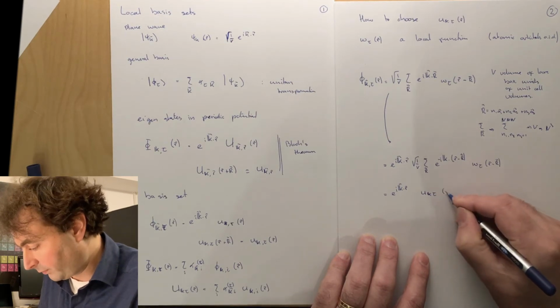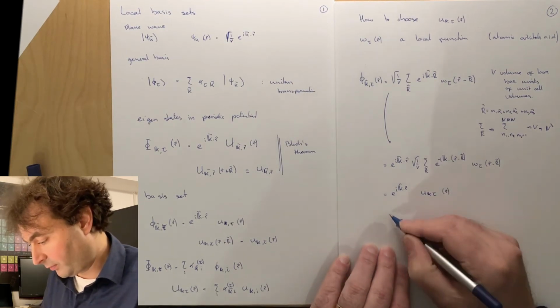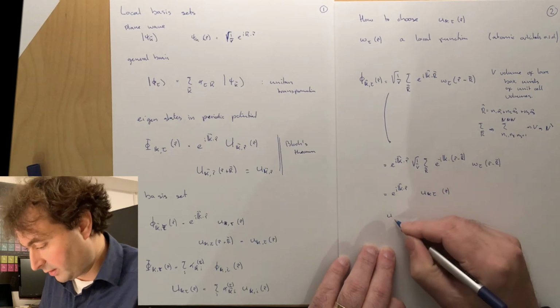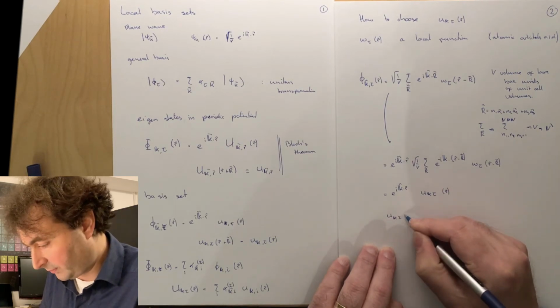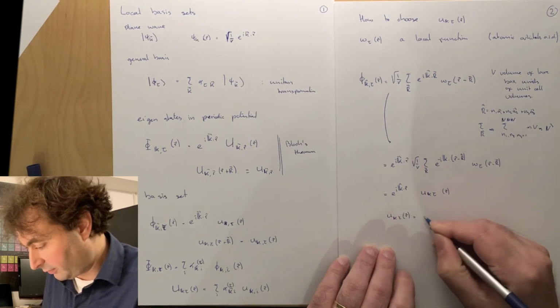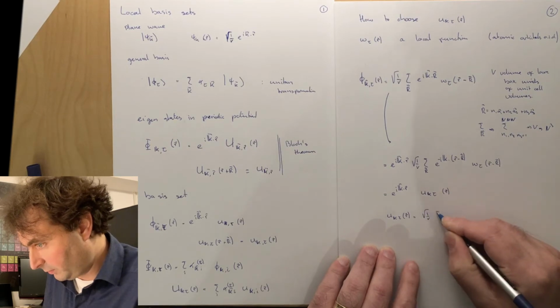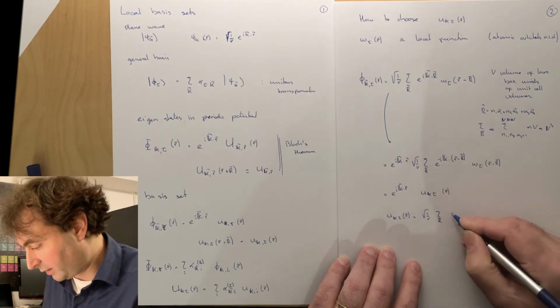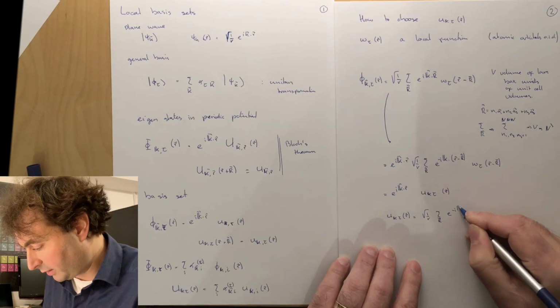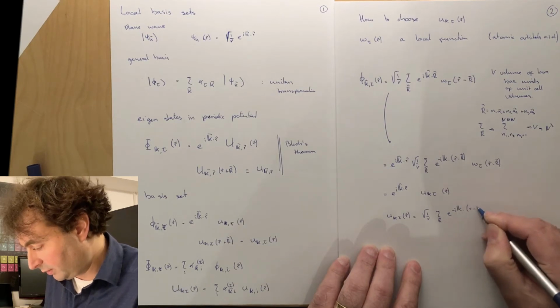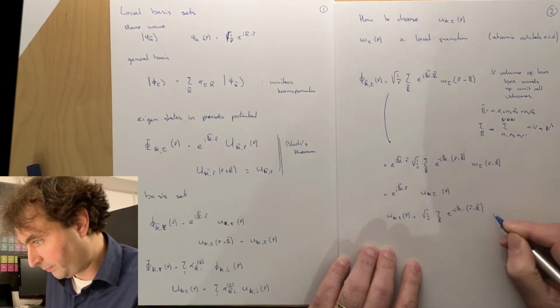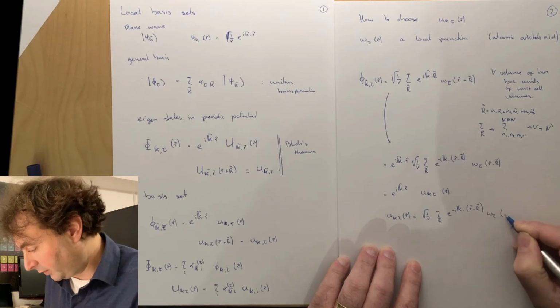u k tau of r, and our function u, which is indeed periodic in the lattice of r, is given by square root 1 over V, the sum over all lattice sites, e to the minus i k dot (r minus R), omega tau of (r minus R).